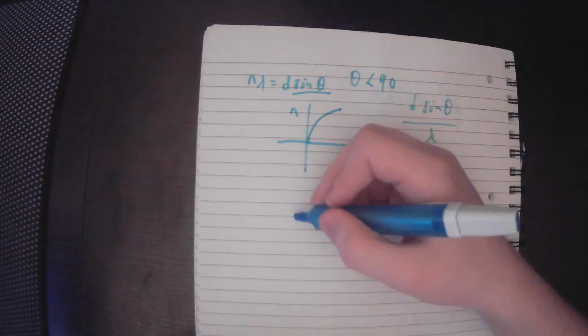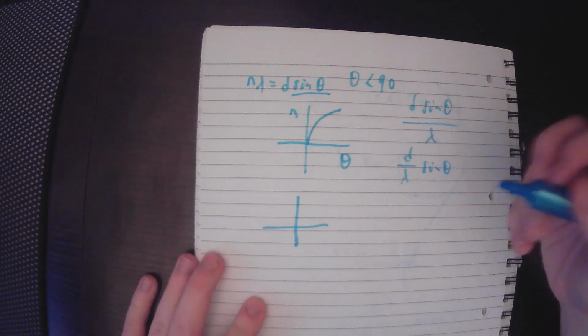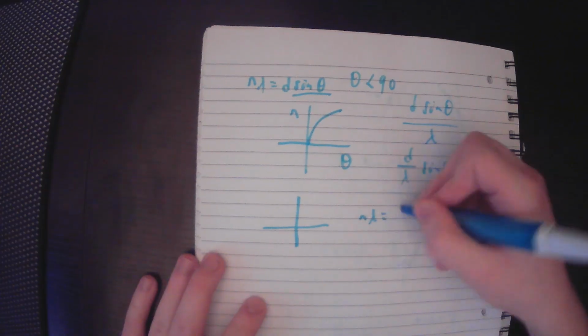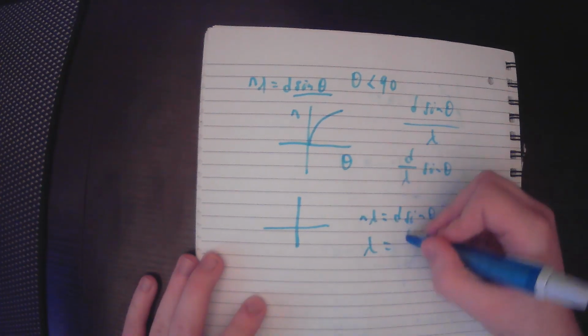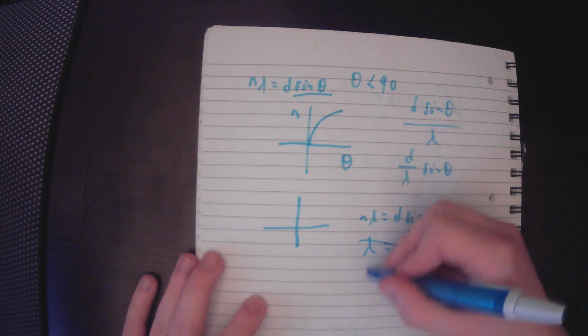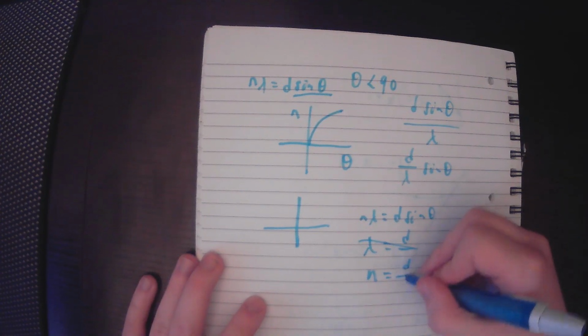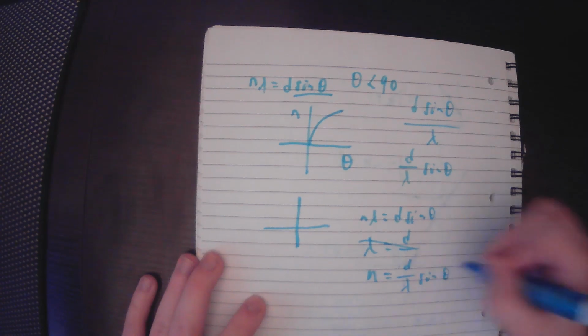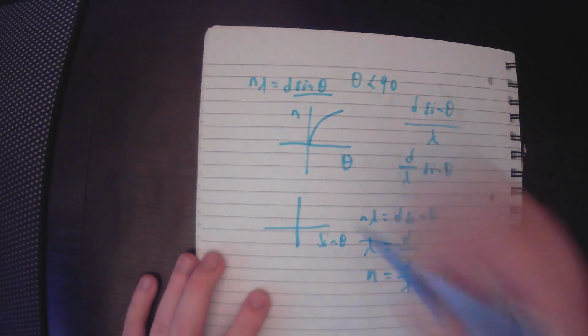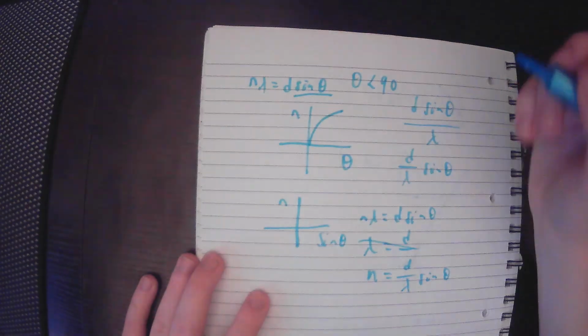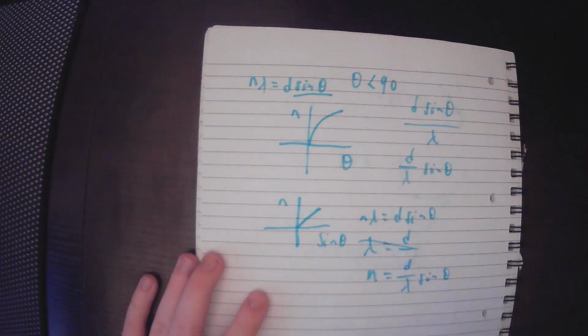However, if we do the exact same thing, n lambda equals d sine theta, and rearrange to get n equals d over lambda sine theta, if we instead plot sine theta on our x-axis and n, we then get a straight line.